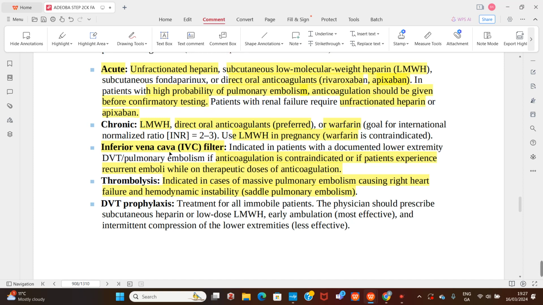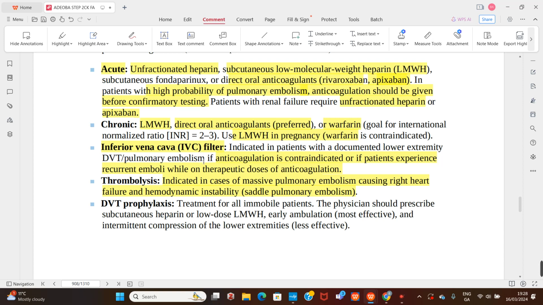We already know the indication for IVC filter. Anybody that has contraindication to anticoagulation takes IVC filter. Or you have used therapy up to the maximum, you have given therapeutic doses of anticoagulation, and the person is still experiencing recurrent thromboembolism, you need to give them IVC filter. So those are the two conditions where you have to use IVC filter.